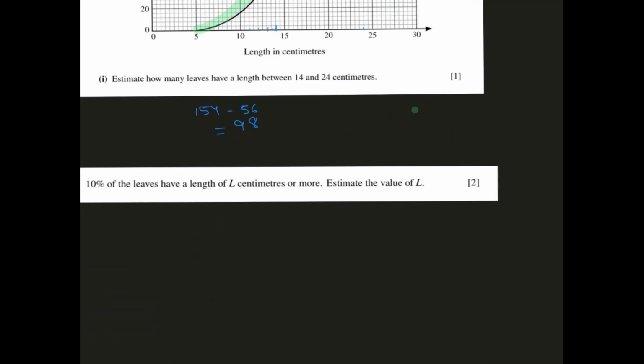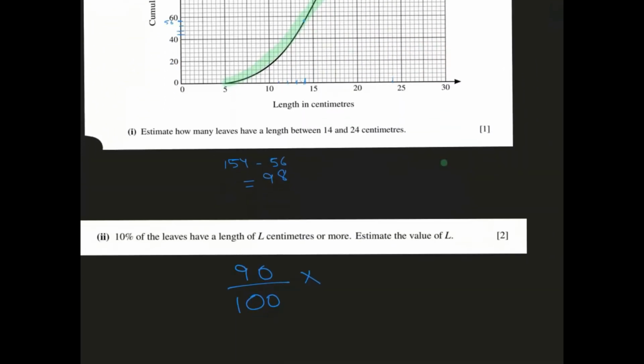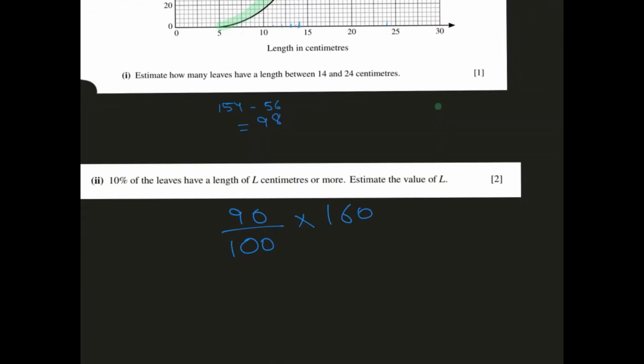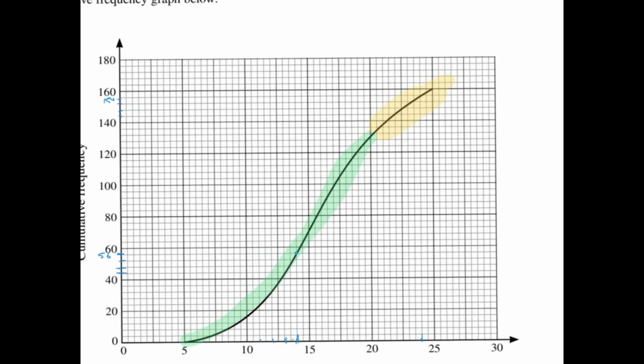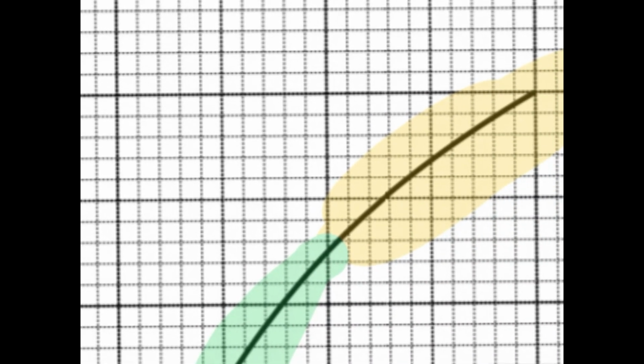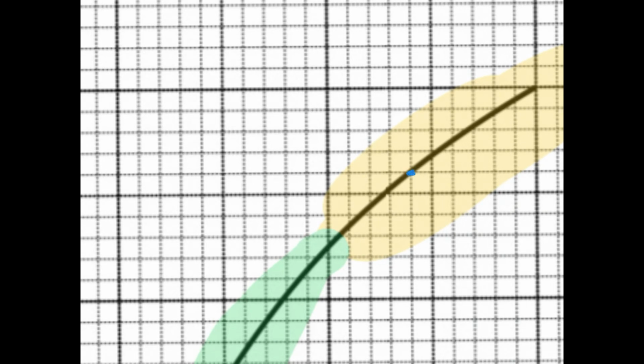I just assumed to explain it to you guys. You don't have to normally assume. So we'll find out 90% of our total frequency, and our total frequency is 160. So 90% of 160 is 9, 6 are 54, so 144. So we'll find out the value at 144, and that will be our L. So this is 144, right? 144 is somewhere over here.